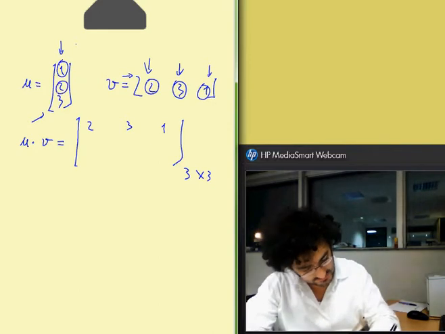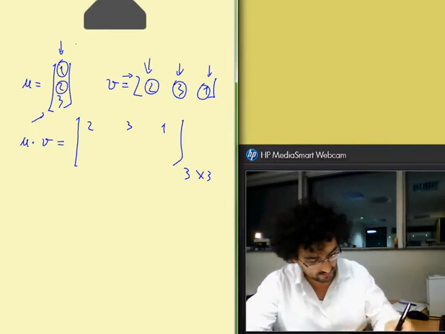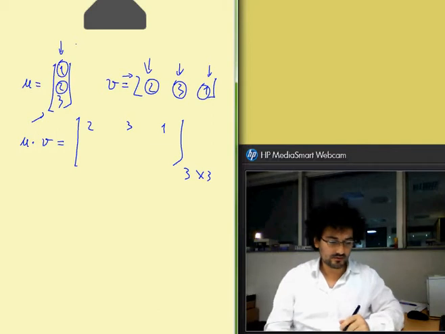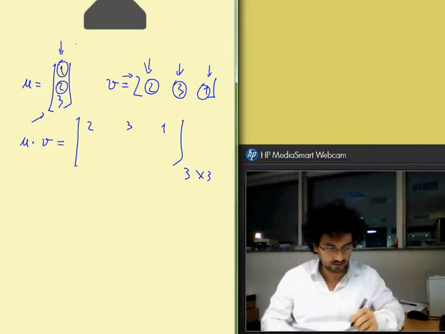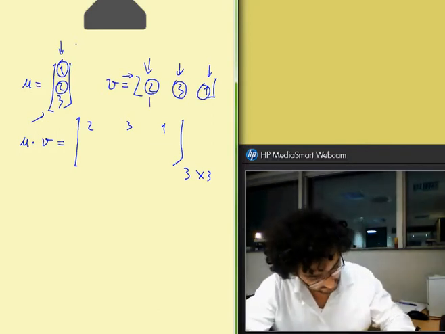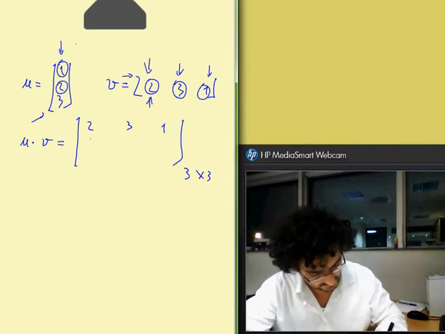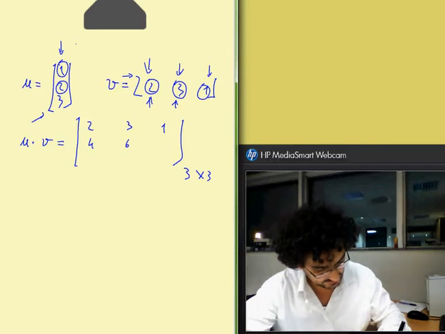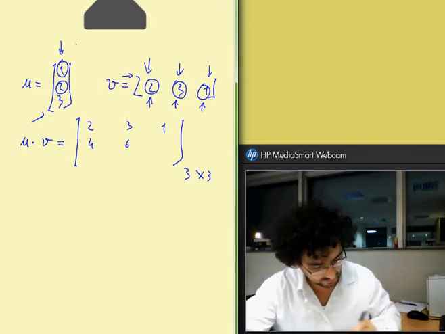Then we consider the second row, and we multiply by the first, the second, and the third column. So the first column is 2 times 2, 4. The second column is 2 times 3, 6. The third column will be 2 times 1, which is 2.